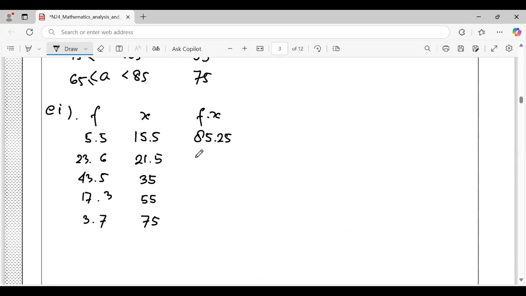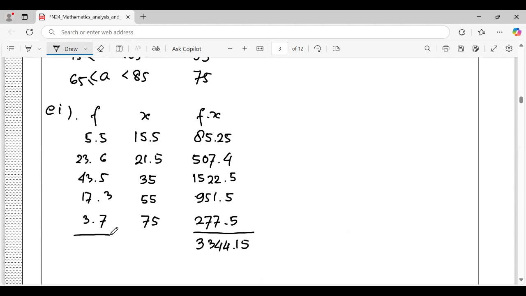And the others are 507.4, 1,522.5, 951.5, 277.5. And the accumulation is 3,344.15.